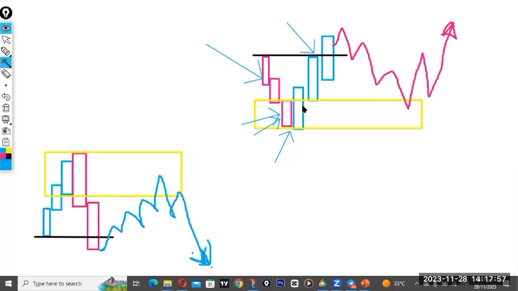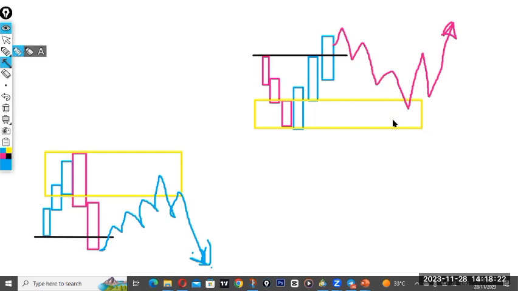When you see this kind of thing, what we do is mark out the candle that is our order block. We mark it out just as I have done here. Then what you expect next is for price to pull back. We expect price to retrace back into this order block, just the way I have done it.